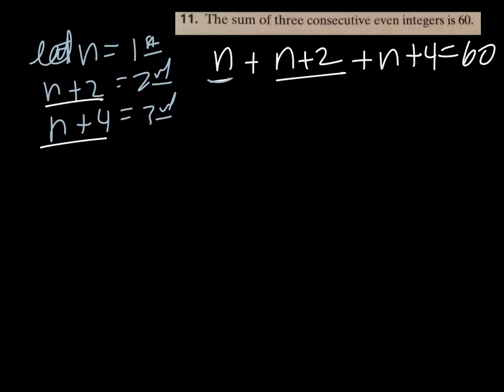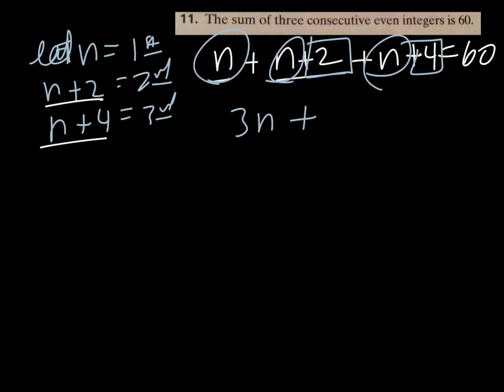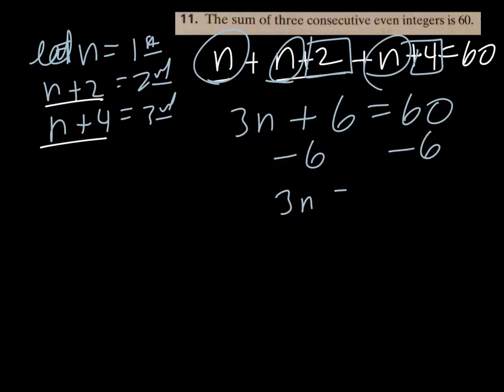Now, combine like terms. 1, 2, 3 n's, plus 2 plus 4 is 6, equals 60. Now it's a nice multi-step equation. Subtract the 6, 3n equals 54. Divide off that 3, like we've learned to do, and n is 18.